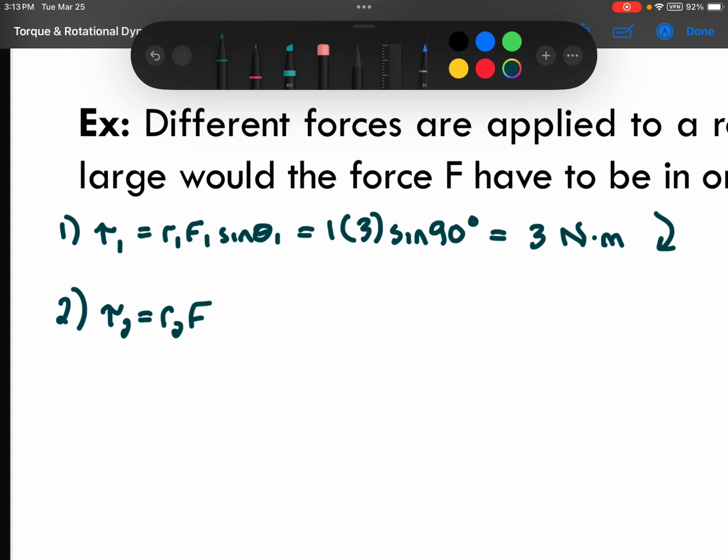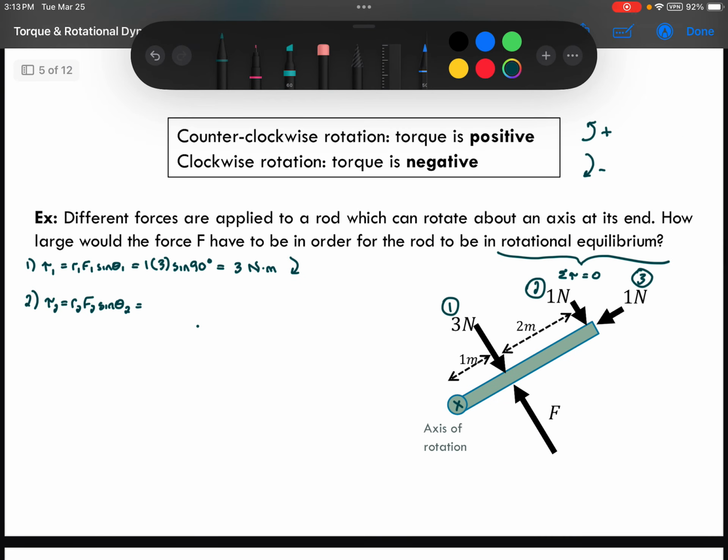So R2 F2 sine theta 2. And so again, make sure you're using the distance all the way back to the axis of rotation. And so that's going to be adding those two distances together. So 1 plus 2, that gives us that full length of the lever arm, so 3 meters. The force 2 is 1 Newton.